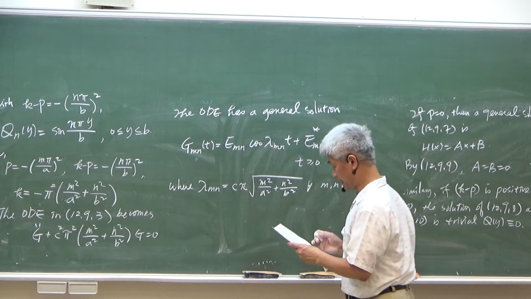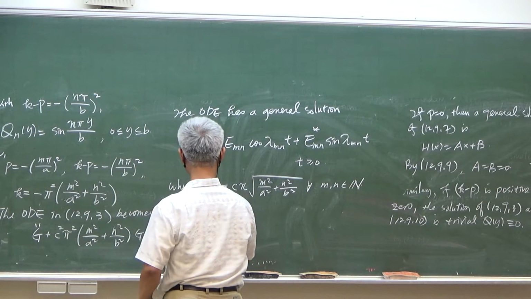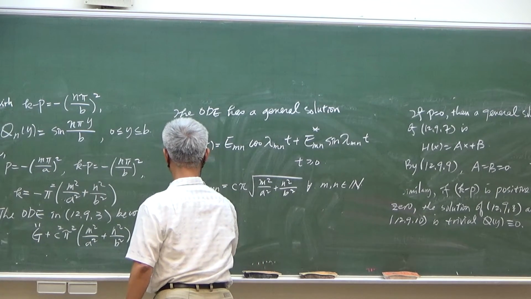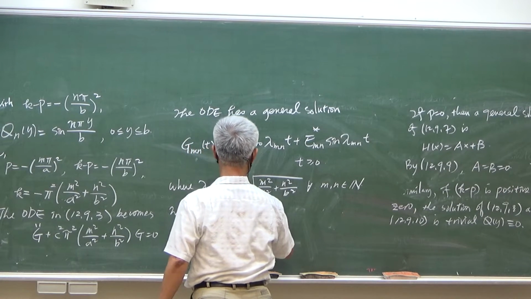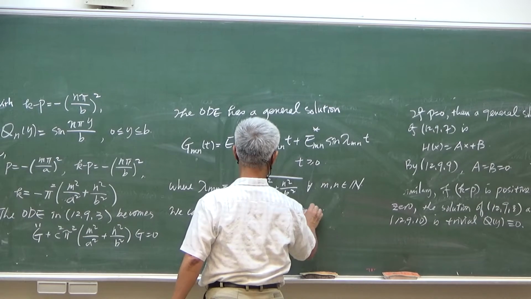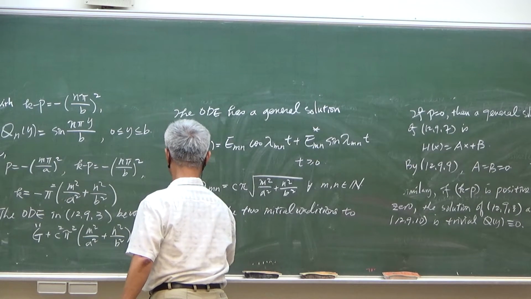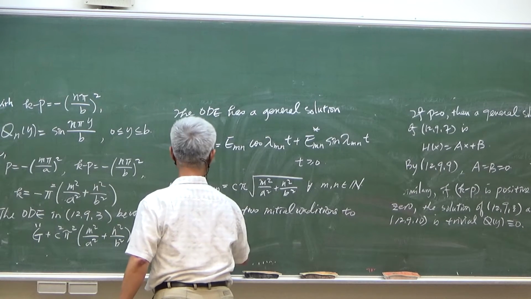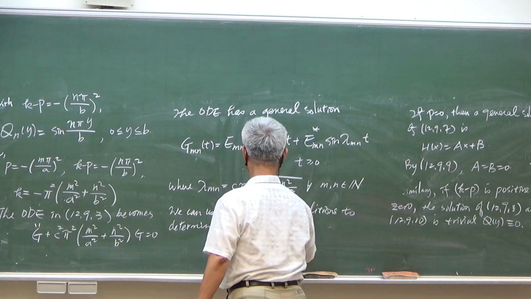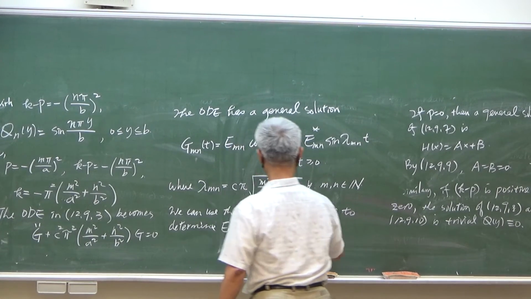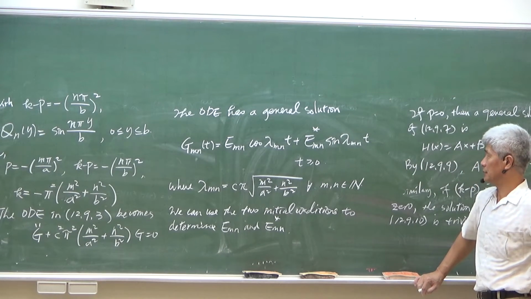I think I round up with my time. All right, and so we can use the two initial conditions to determine e_mn and e_mn star.